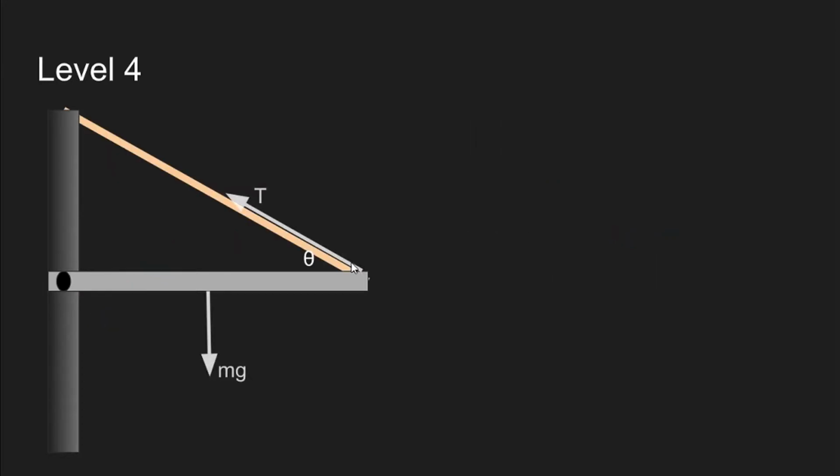Anyways, we're going to split tension, so T sine theta, T cosine theta. That makes sense so far. And we're going to have an Fn, and that's going to equal T cosine theta because it's not moving.